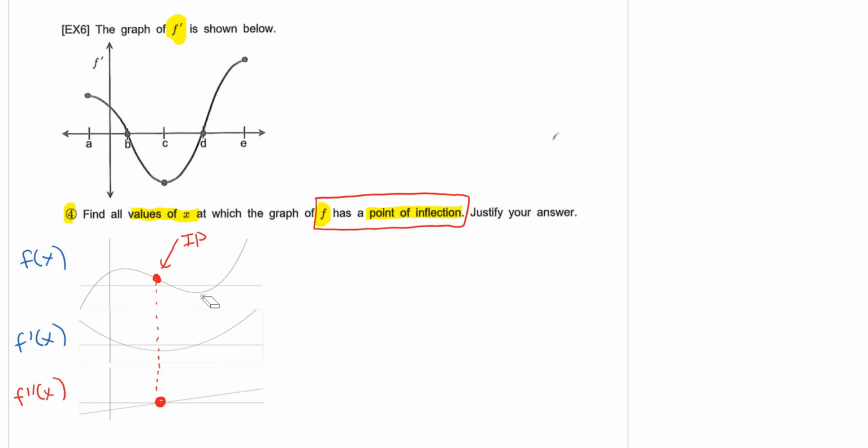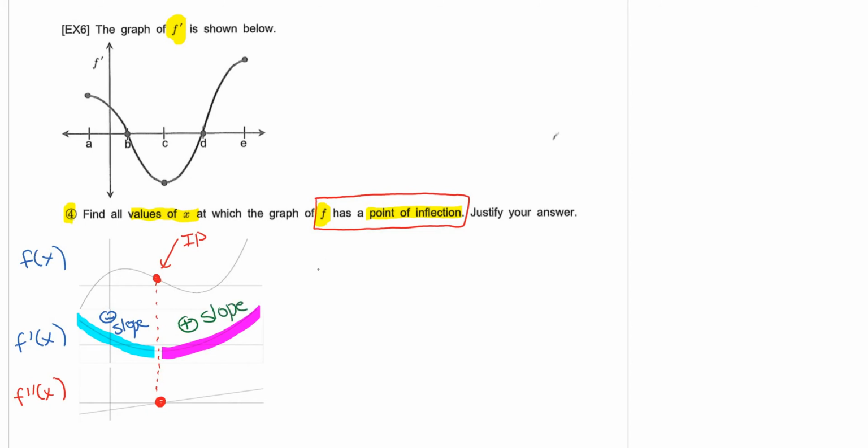Now ask yourself, what is happening on the derivative graph here? Well, it looks like I'm going from that blue region, which is a negative slope, and if I take a look at the right-hand side, this purple part, it seems like that's a positive slope.